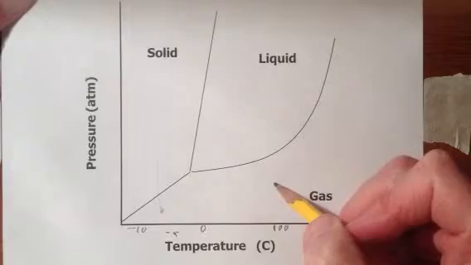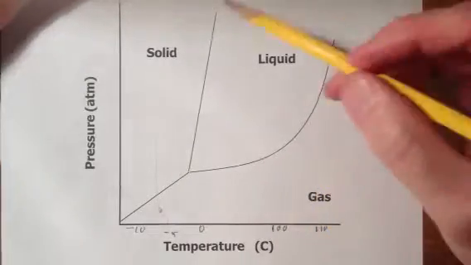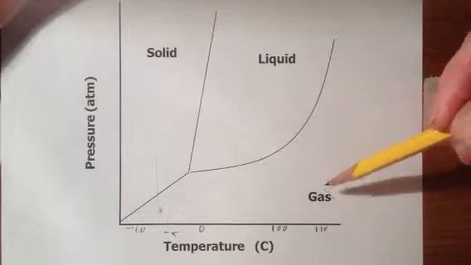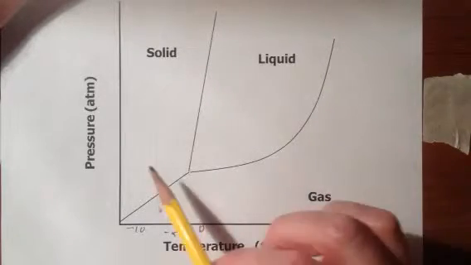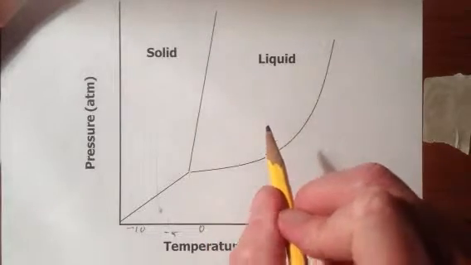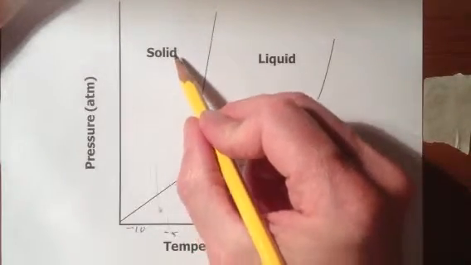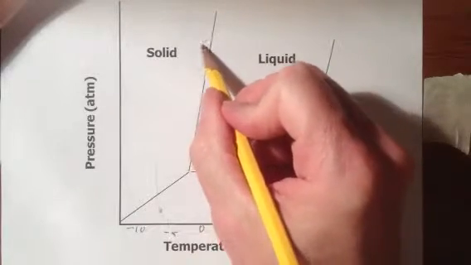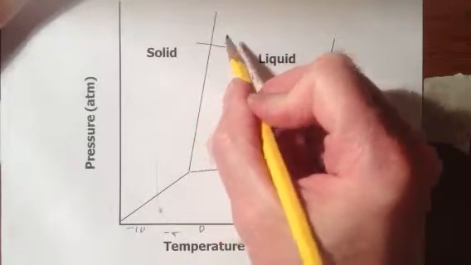So let's look at the parts of the phase diagram. We already know this is solid, this is liquid, these are gases. This is my temperature scale here, our pressure scale here. For our phase diagram, if I'm going from a solid to a liquid, that is melting.